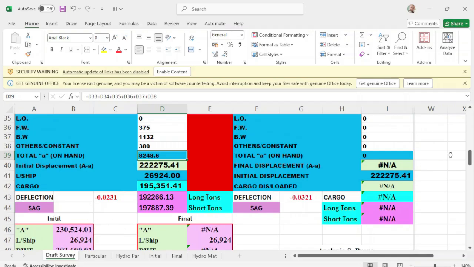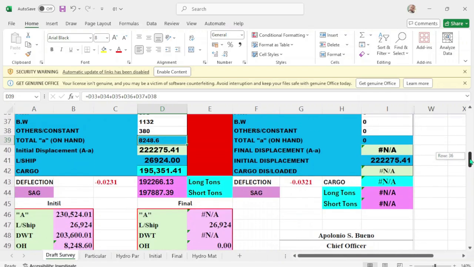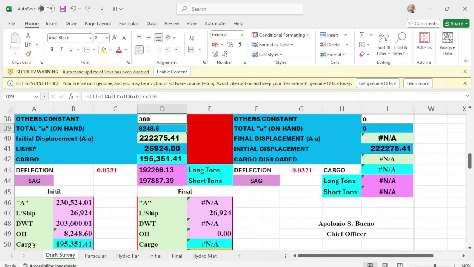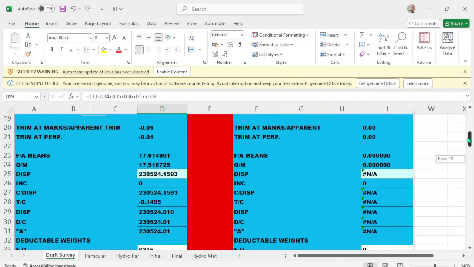Okay, so this is how you get your cargo by draft survey. This is initial, but first I want you to, we will do the troubleshooting.